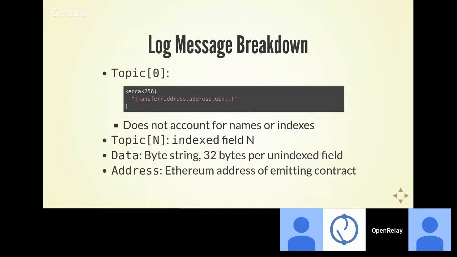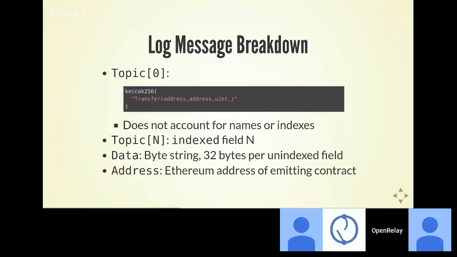So as we break down the event into a log message, the first item is topic 0. Topic 0 was that 0xdd252 something or other that we saw when we were monitoring for an event without specifying the contract information.